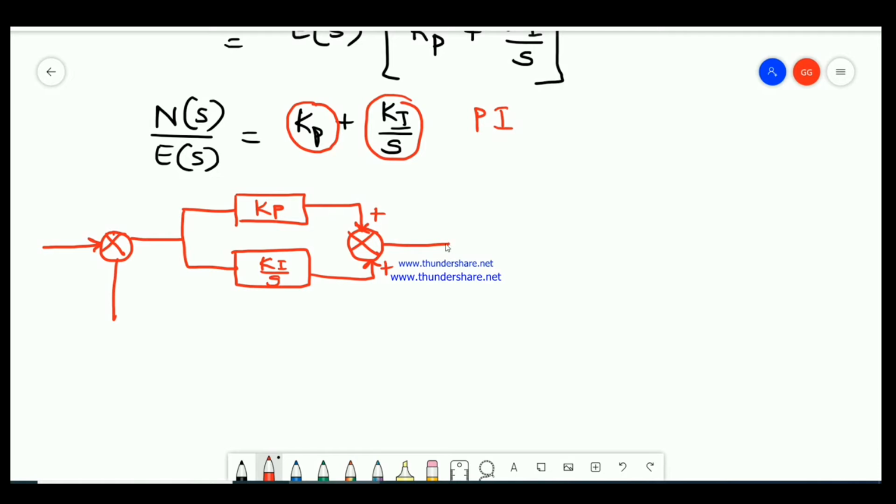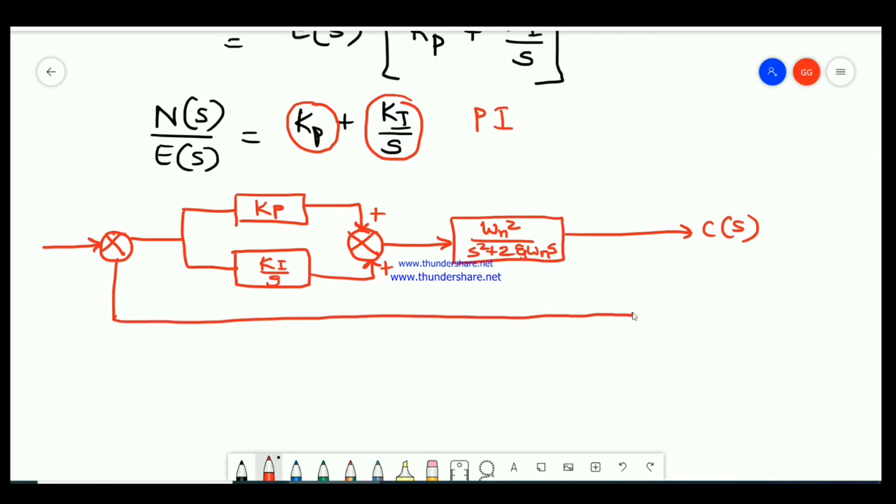Take the output from the summing point, which will be given to the second order system, omega n square by s into s square plus 2 zeta omega n s, and take the output as C of s and take the negative feedback from the output.